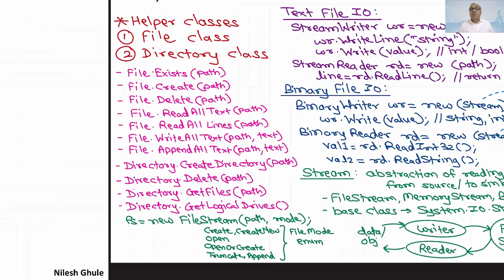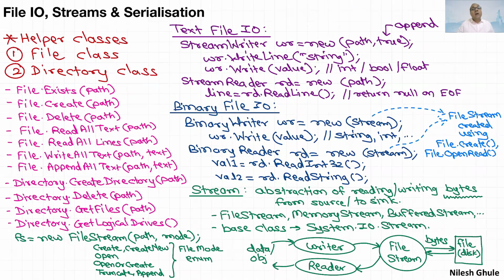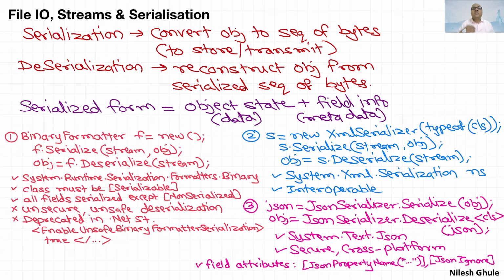Now we talked about basic file IO, the text file IO and binary file IO, but then there is a very interesting concept called serialization and deserialization. Let me remind you, we talked about the object-oriented pillars, and there was a minor pillar called persistence. Persistence was about writing or storing the state of the object so that the object can be reconstructed later.